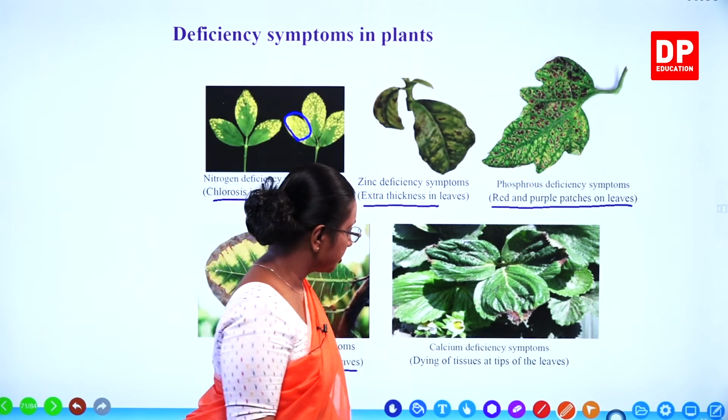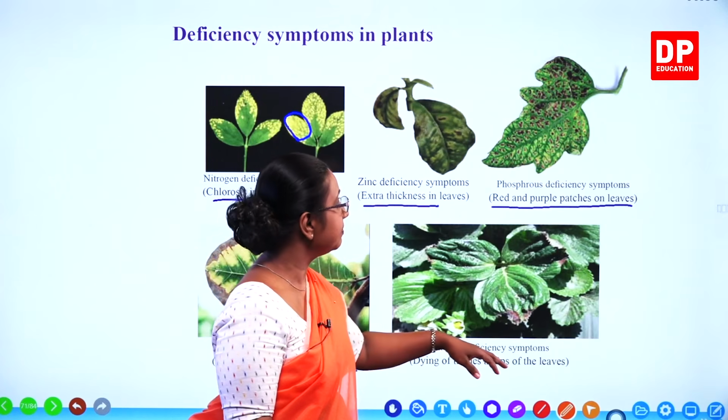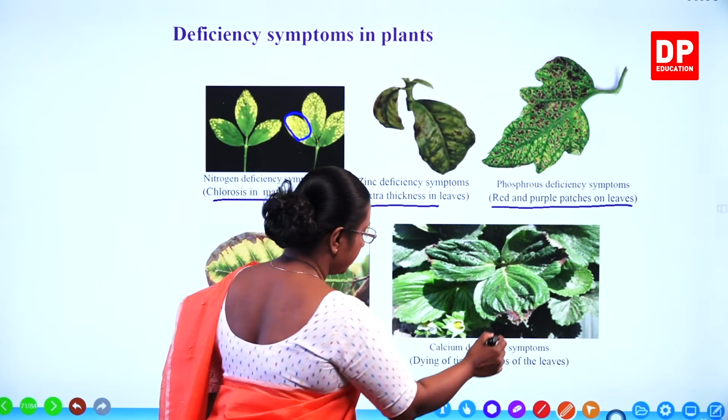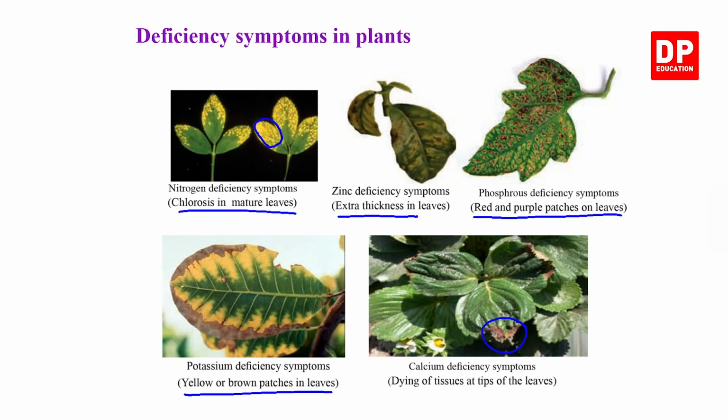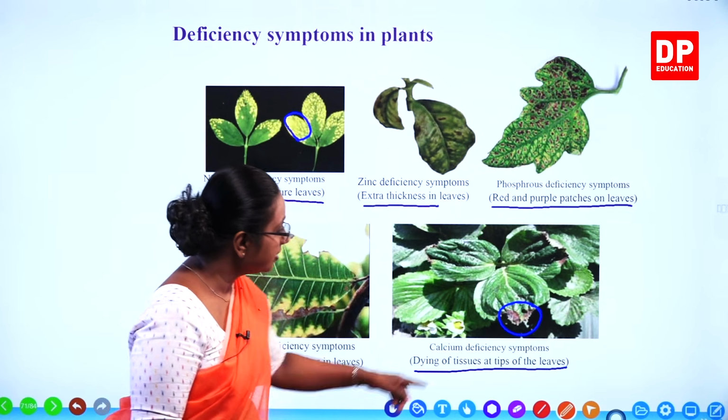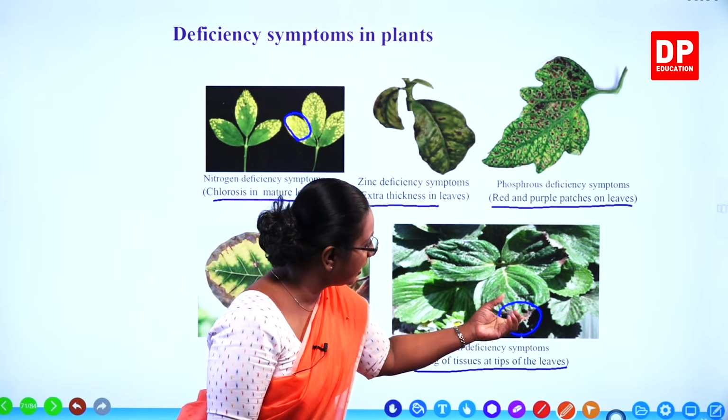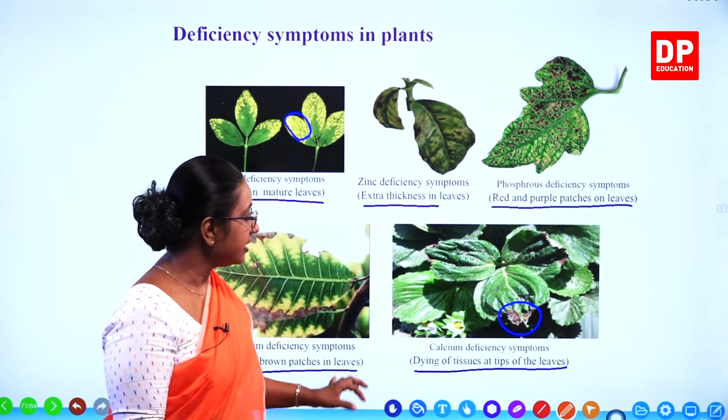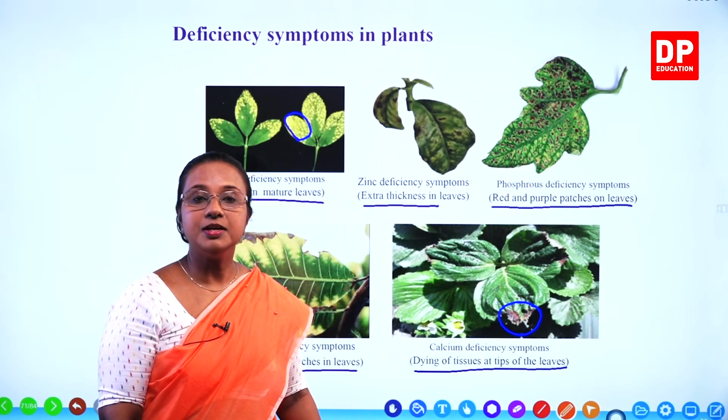The last picture shows you the calcium deficiency symptoms. Here you can see the dying of tissues at tips of the leaves. This part is dry and dead. So, that is caused by calcium deficiency.